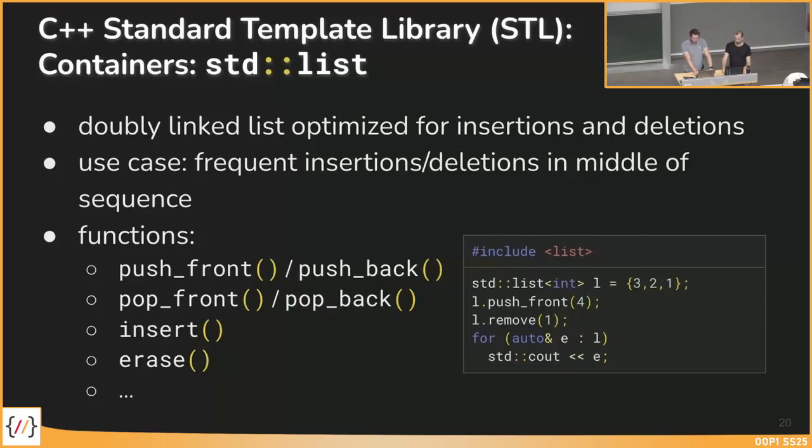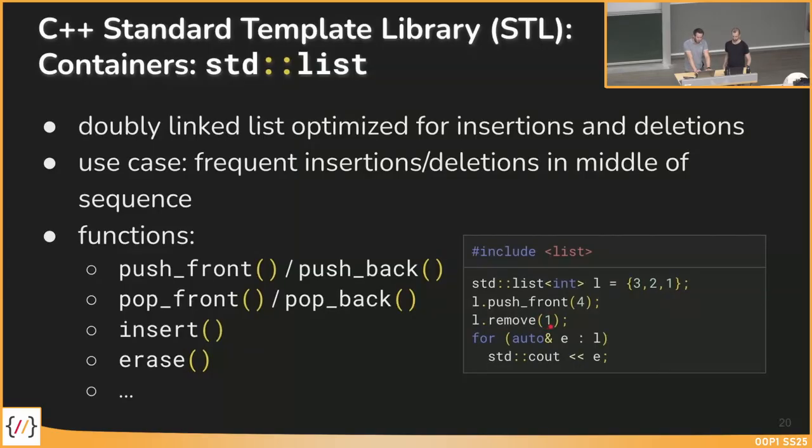And here we have a further short example where we use such a list, in this case with integers again, with the integers 3, 2, and 1 at the beginning. We push the integer 4 at the front. So after this line we have 4, 3, 2, 1. We remove 1; remove in this case does not take the index but the element itself.